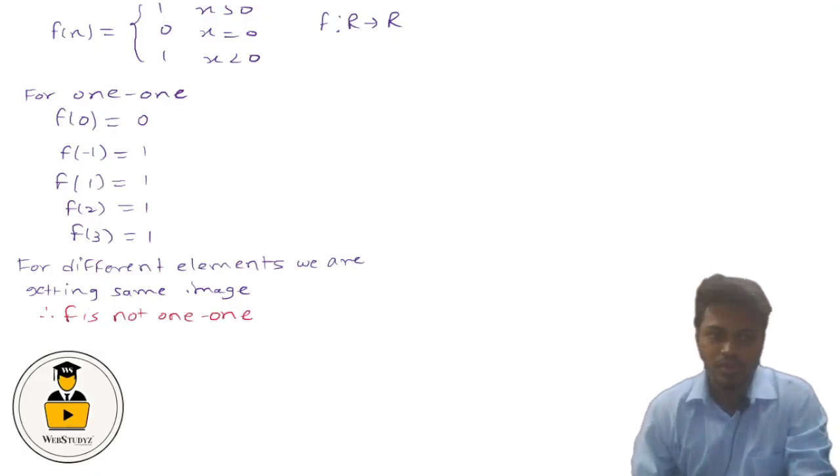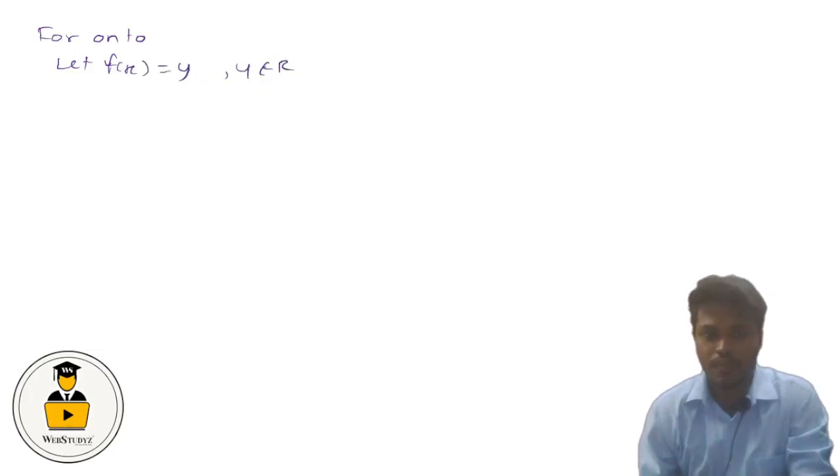Now we will check for an onto function. We assume that f of x equals y, where y belongs to the real numbers.